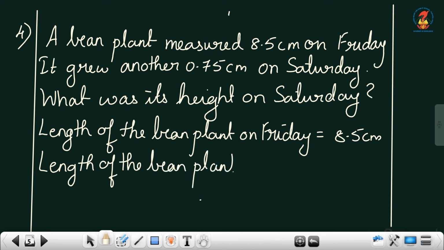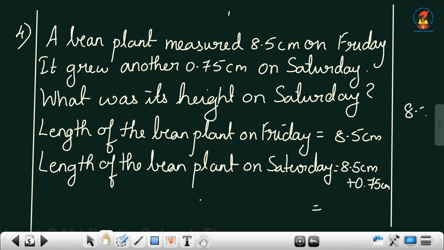Two statements is enough over here. On Saturday, what you have to do? You have to add. So you will get 8.5 centimeter plus 0.75 centimeter. Add it. 8.50 I am writing because that's two decimal places.